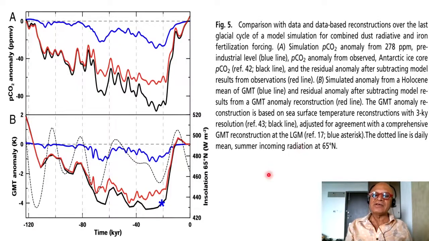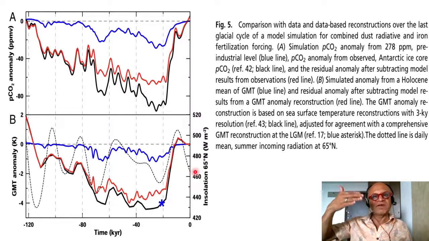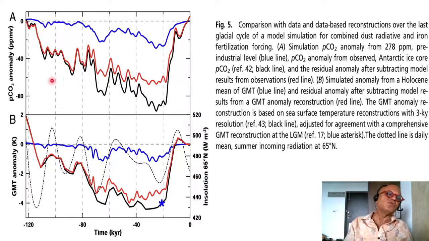The dotted line is the mean summer incoming radiation at 65 north. As we said repeatedly, 65 north is a critical latitude which can trigger either deglaciation or glaciation. So the pCO2 anomaly is as you can expect from the glacial-deglacial changes we have seen, and this is the insolation, how it has varied at the various time scales, and the global mean temperature anomaly.